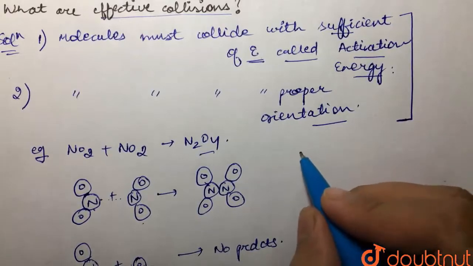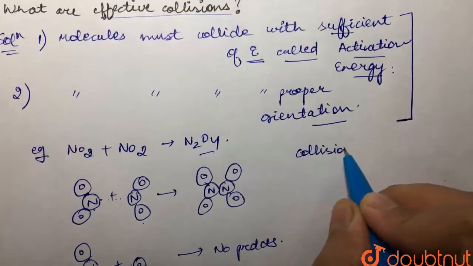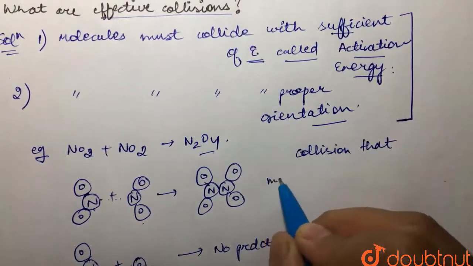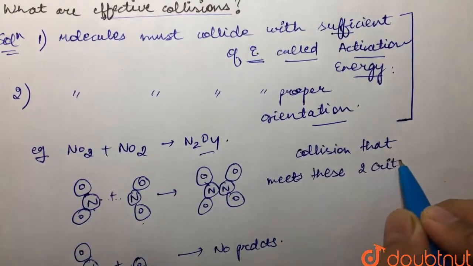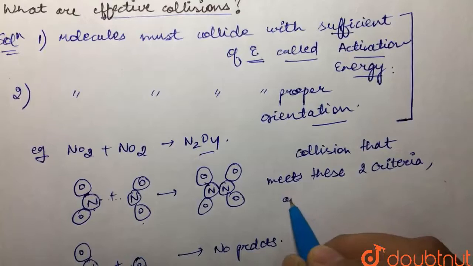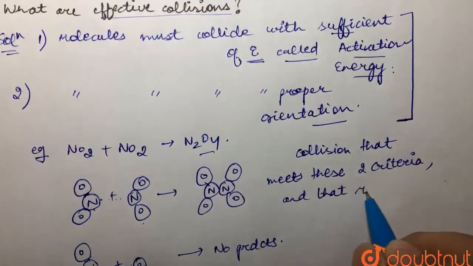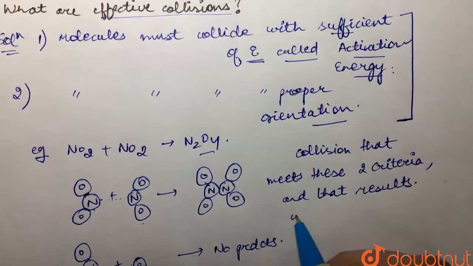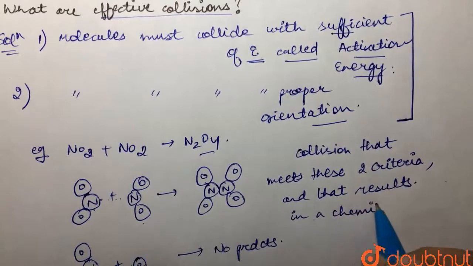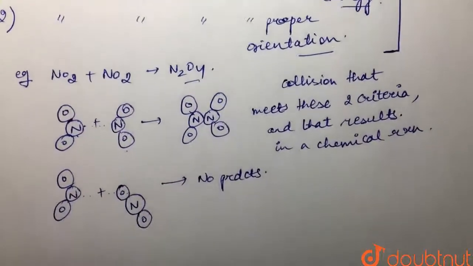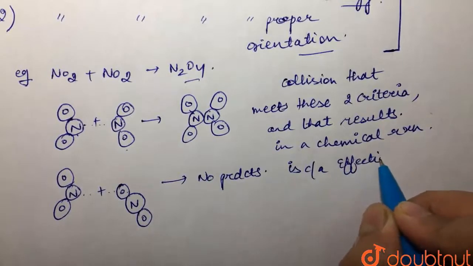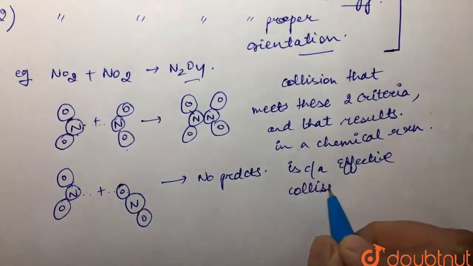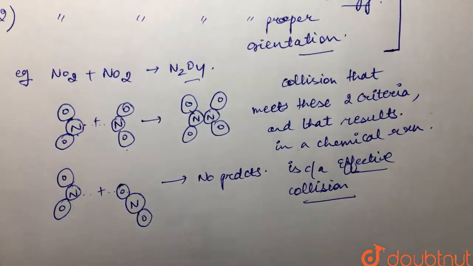We can say that the collision that meets the above two criteria and that results in a chemical reaction is called an effective collision. So this is our answer.